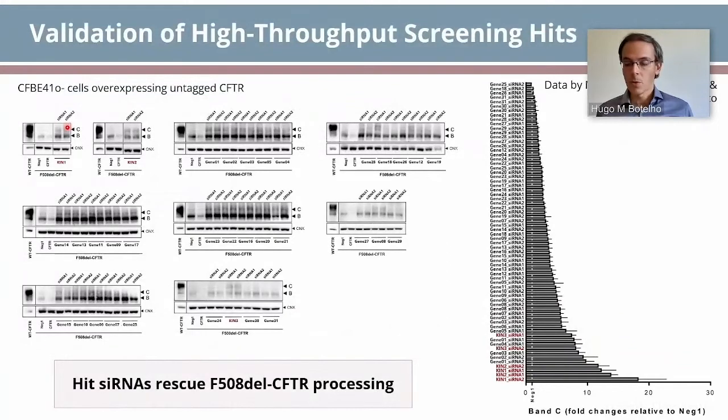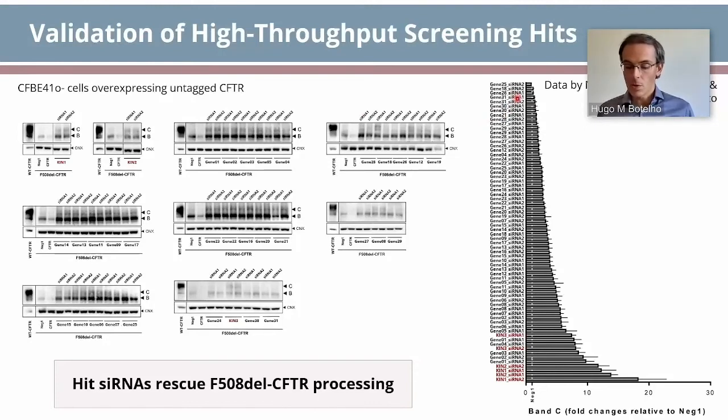We then performed an orthogonal biochemical validation of the 35 gene knockdowns. We transfected CFE cells expressing unmodified FA-Del CFTR with siRNAs targeting each gene, the same 2 siRNAs which were part of the secondary siRNA library. We then detected CFTR using Western blot and performed the cytometry quantification of band C, which represents the fully processed population characteristic of the plasma membrane.